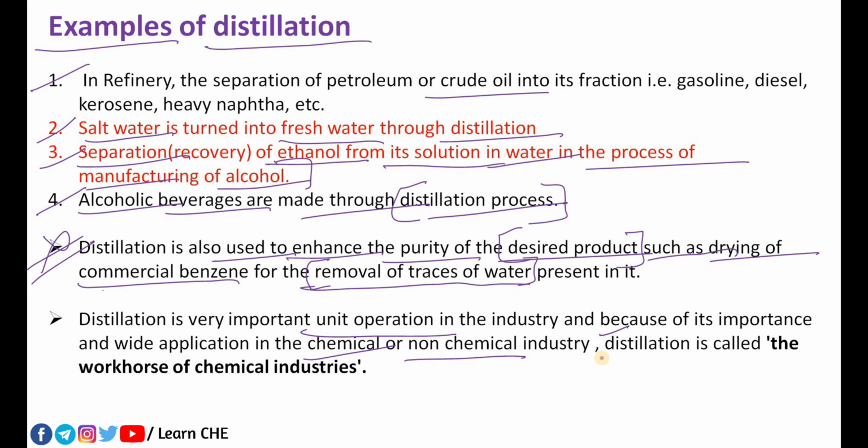So because of its importance, distillation is called the workhorse of the chemical industry. As I have told you, in a refinery, without distillation we cannot imagine getting the different fractions from the crude oil. So that's why distillation is known as the workhorse of the chemical industry.